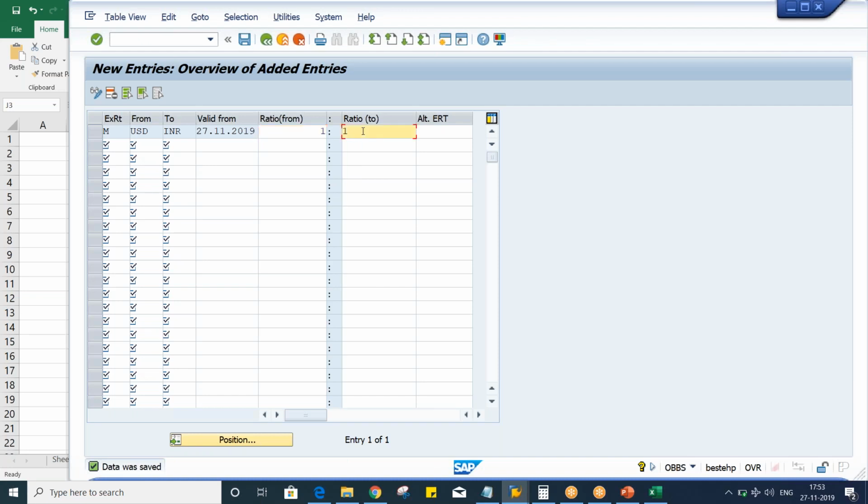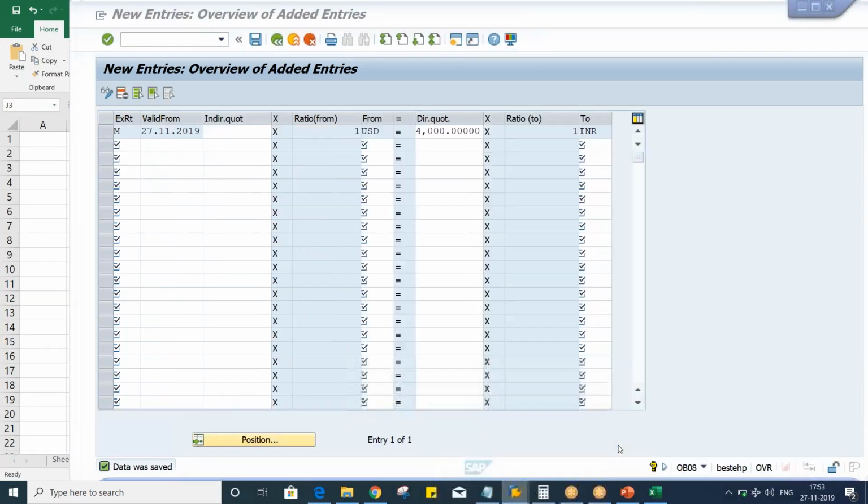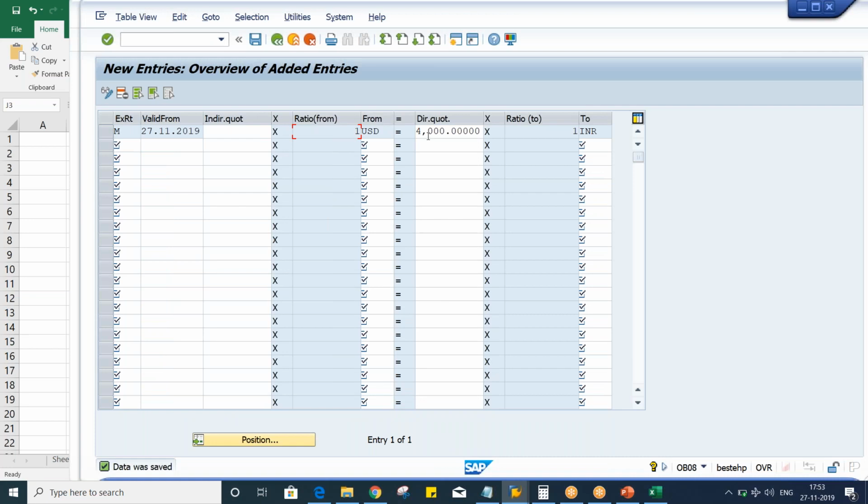So 1 is to 10. And then we have specified the rate also, that is 1 USD equals how much? 4,000 INR. So whenever we post a transaction, the system calculates 4,000 multiplied by 10, and then counts the value.